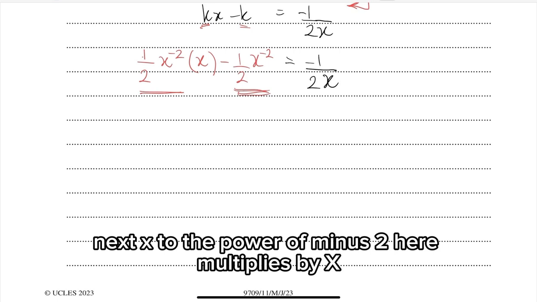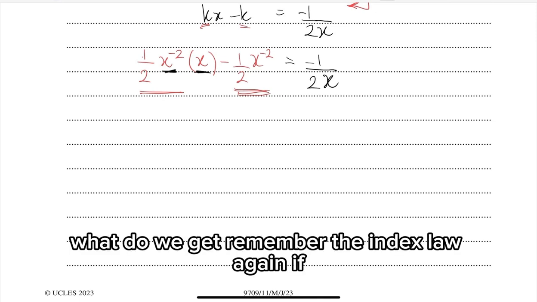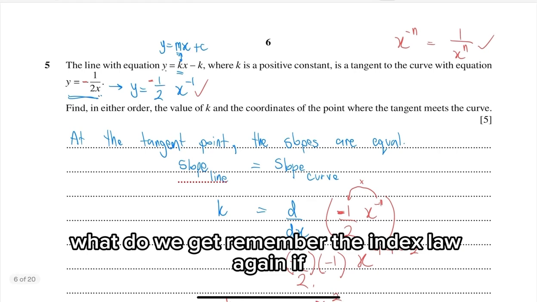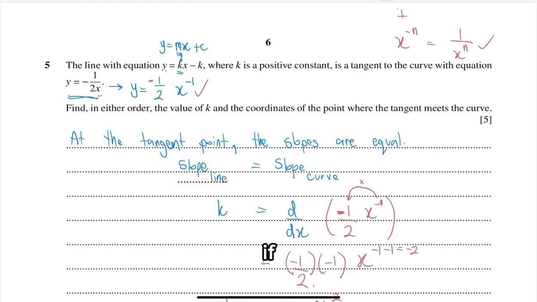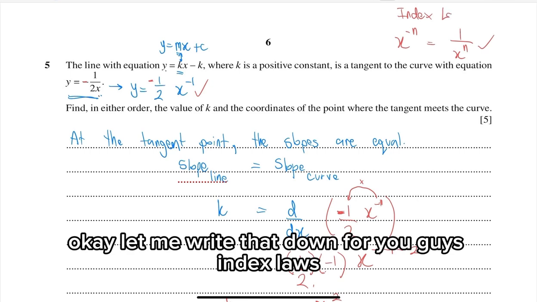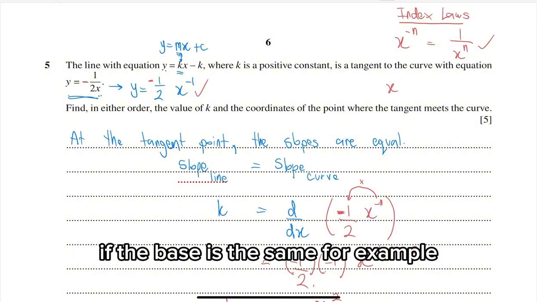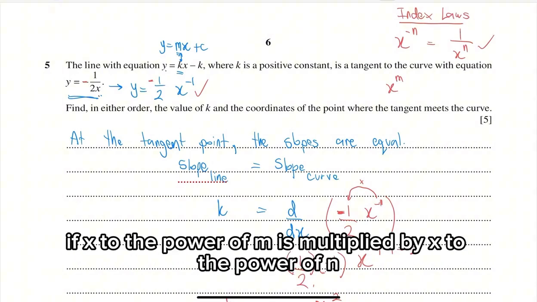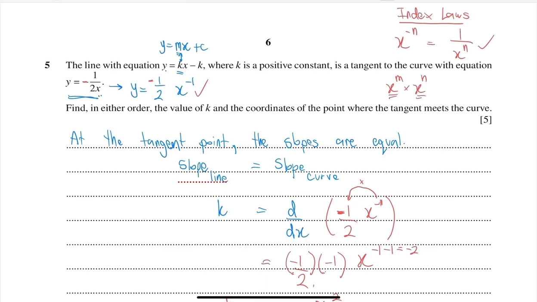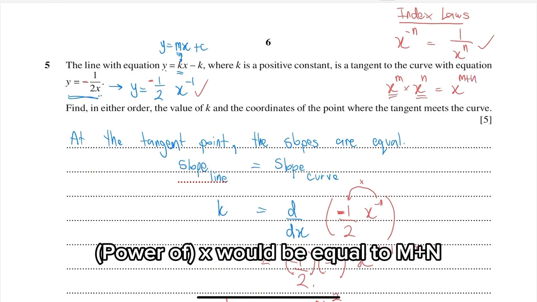Next, x to the power of minus 2 here multiplies by x. What do we get? Remember the index law again. Let me write that down for you guys. Index laws: if the base is the same, for example, if x to the power of m is multiplied by x to the power of n, the bases are the same, which is x, then the result is x to the power of m plus n.